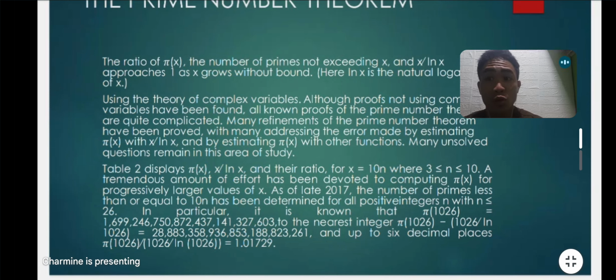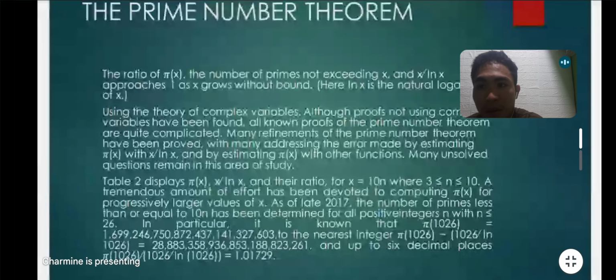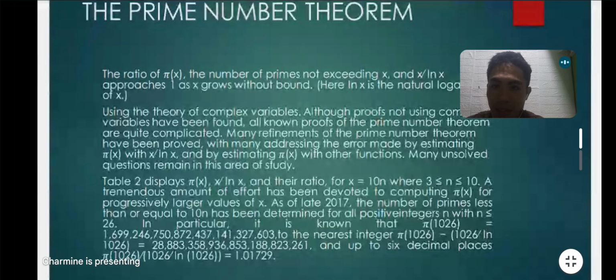Table 2 displays the ratio of pi(x) to x over ln x for x equals 10 to the power n. A tremendous amount of effort has been devoted to computing pi(x) for progressively larger values of x as of late 2017.